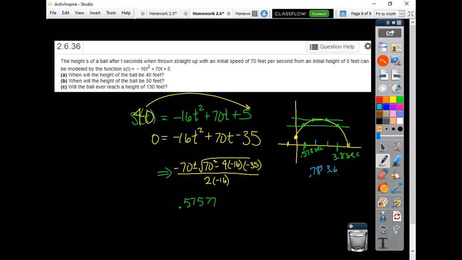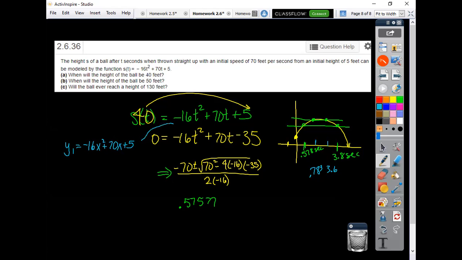For the last one, if I'm using a graphing utility, I'm going to put my second equation up at 130. When I check that on Desmos or a graphing calculator, at 130 I find on my graph there, so I'm setting two equations. I'm setting one of them equal to the negative 16 using an x just because that's what the program understands.